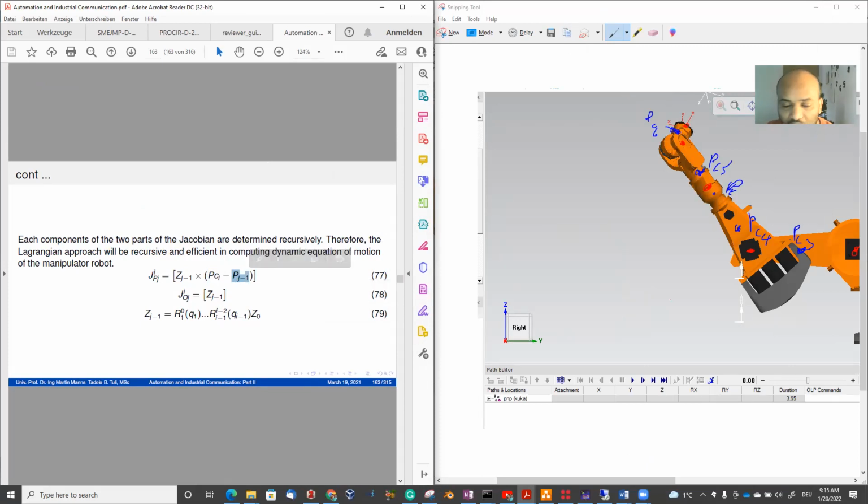So for example, dp of 4: z i minus 1 means, if you want I equals 4, it is z3, multiplied with PC4 minus the reference PJ3.